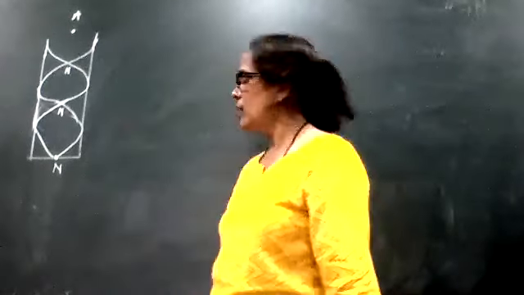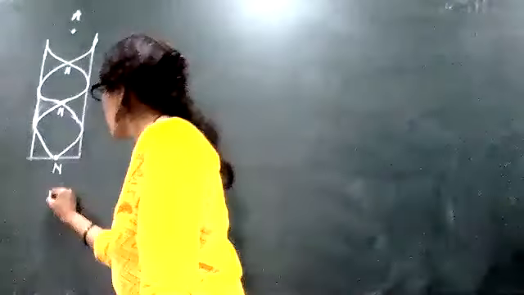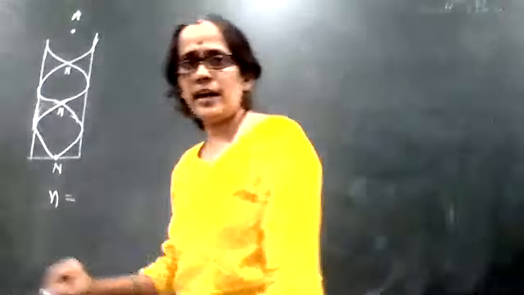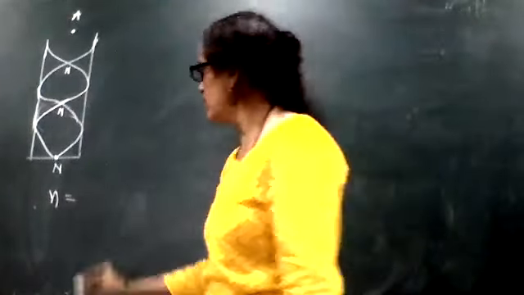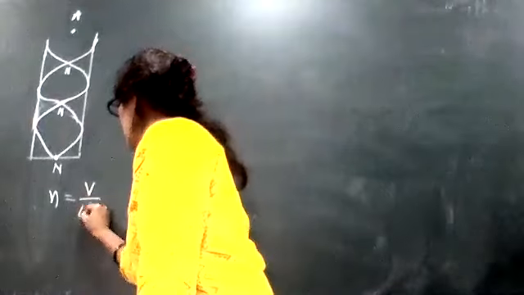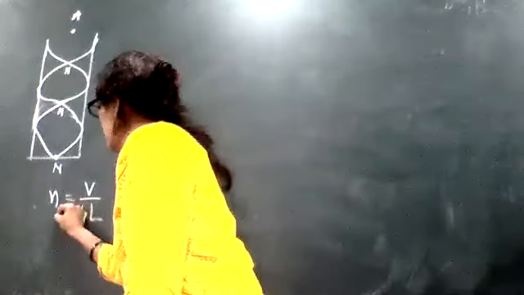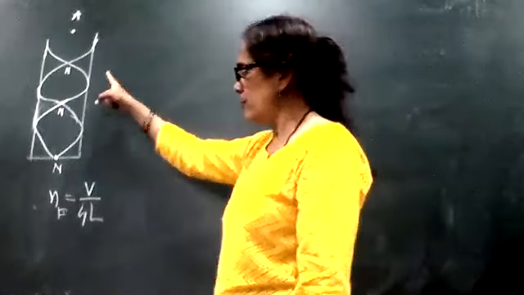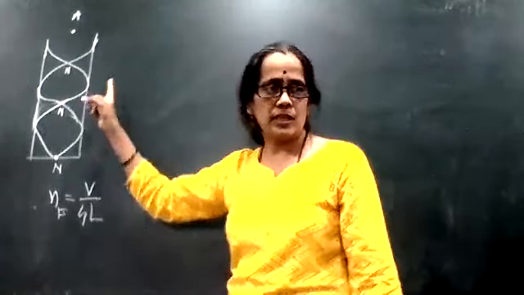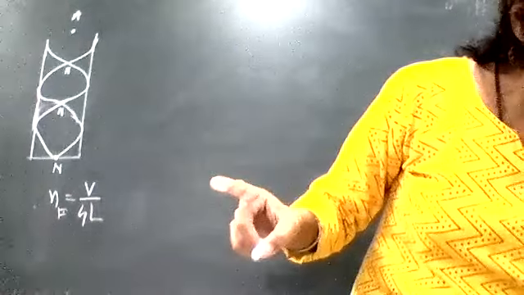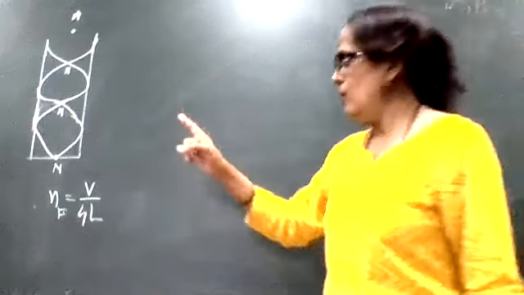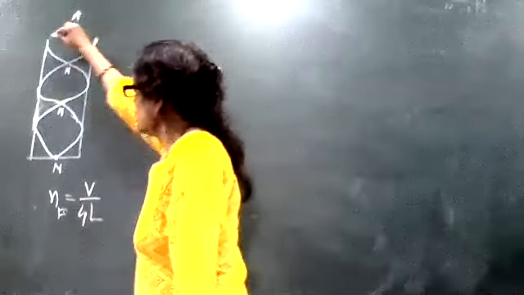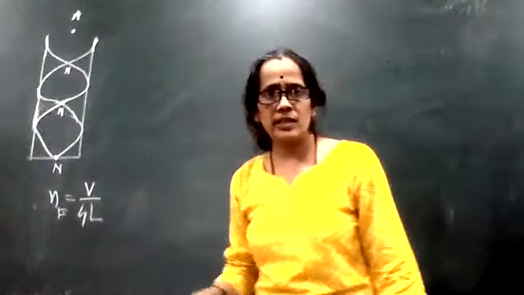Now, when the pipe is closed at one end, the fundamental frequency is nothing but n equal to v by 4L. Now you have to consider the fundamental frequency and the frequency of vibration in this situation.